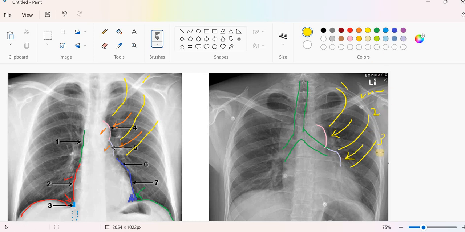Going with the left border of the heart, which is made by the left ventricle. This is the left border of the heart. This tip is the apex. The conjunction of the left border of the heart with the apex, because this is assumingly a normal X-ray, with the left copula of the diaphragm, will give you an obtuse angle, as long as the angle is obtuse.